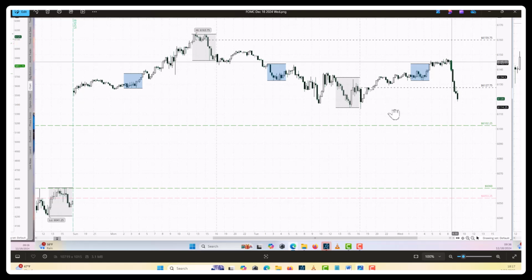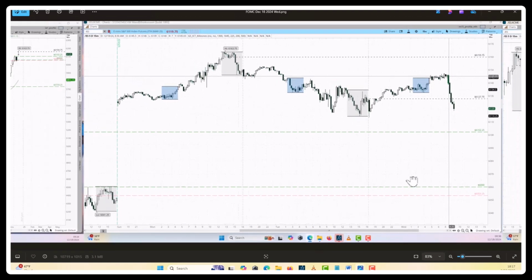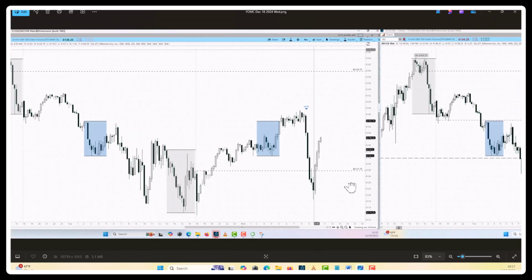Yeah, it raided right there. See that? The low of the Tuesday. It did raid it. But there's that huge gap right here. And you see the setup right here at 9:30.